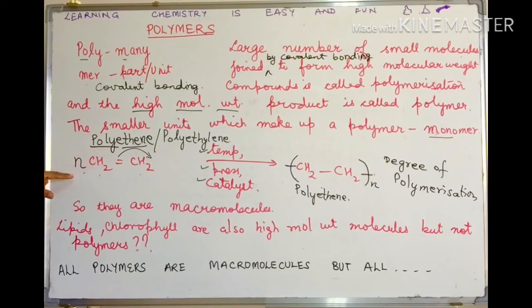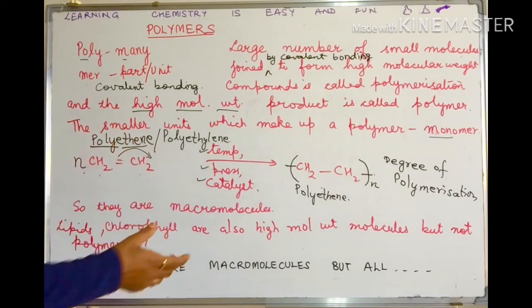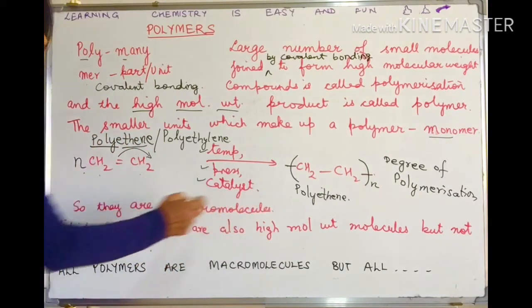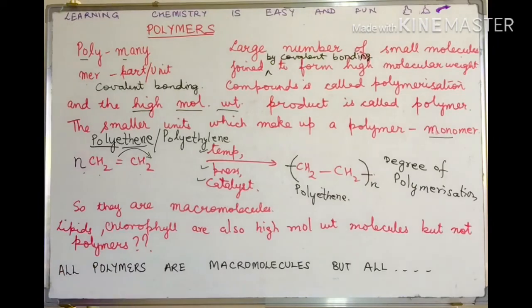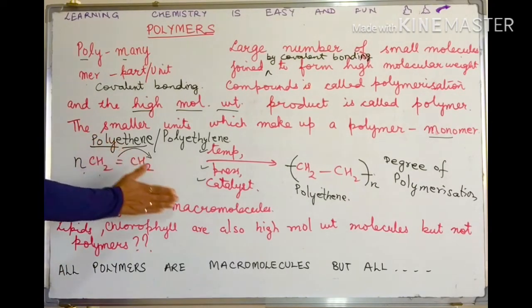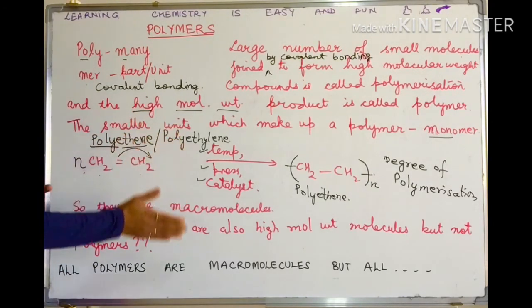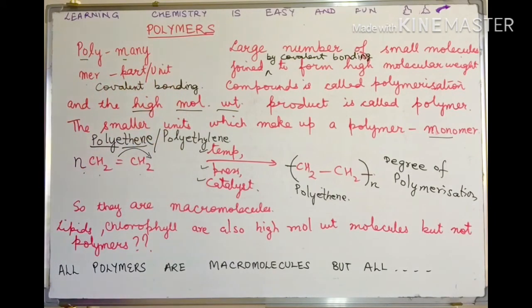So the degree of polymerization of polythene would be 50,000. In other words, we can say that polymers are nothing but big molecules, macromolecules.